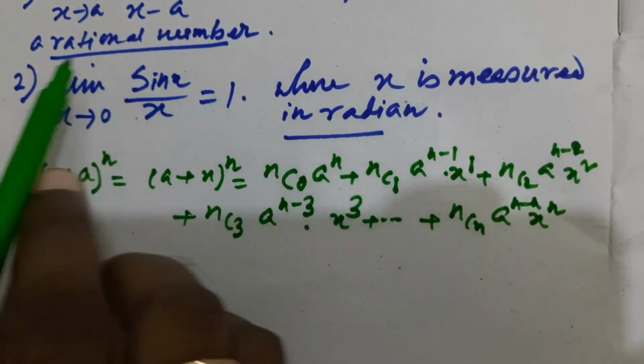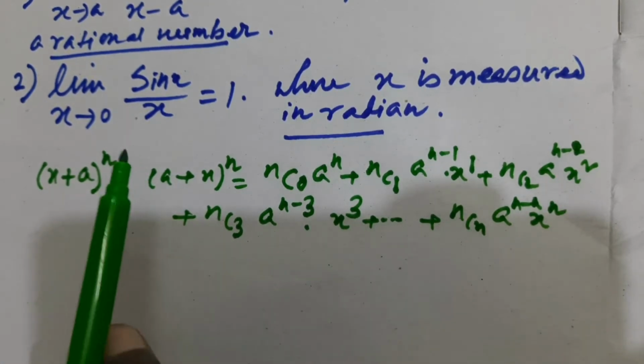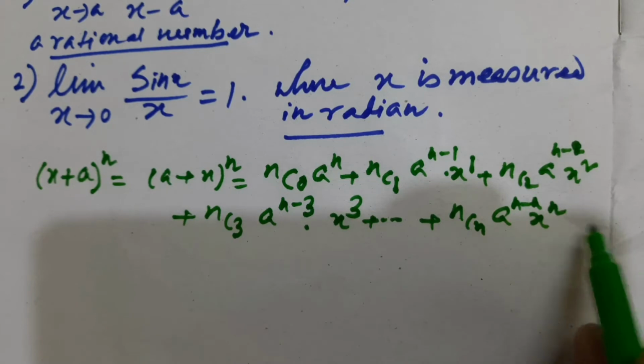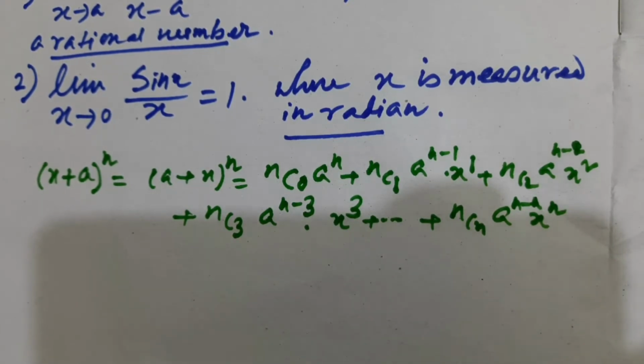But here it is given that n is a rational number. It may be a fraction or an integer. When it is a fraction, then it tends to be a non-ending series, so it is not needed to be written in ending terms.